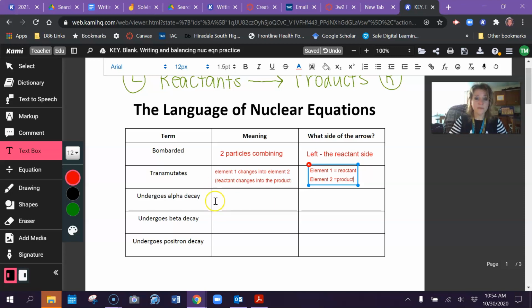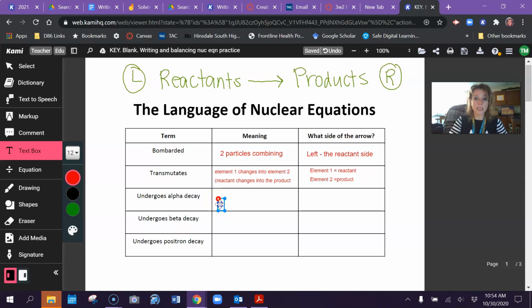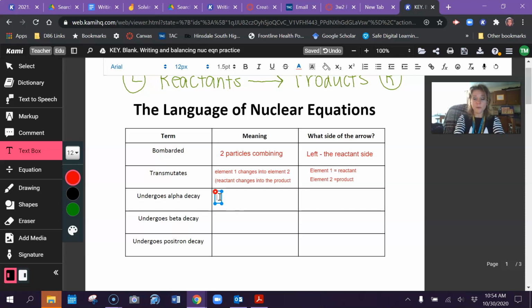Okay, next, if an element is undergoing alpha decay, all that this means is that an alpha particle, and you should know what that is by now, is emitted. What this means for the equation is that the alpha particle goes on the product side.